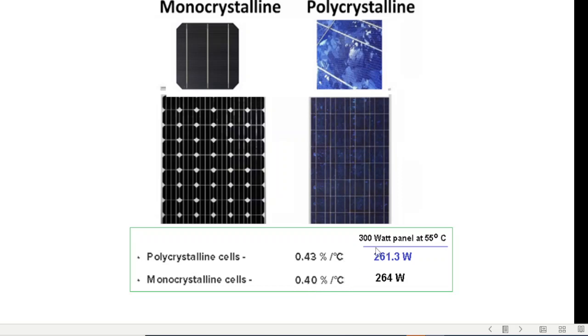So this means that if you have a 300-watt solar panel whose panel temperature is 55 degrees centigrade, then this 300-watt panel will supply 261.3 watts if it is polycrystalline, and if it is monocrystalline, it will supply 264 watts. We will primarily discuss monocrystalline because this is the trend nowadays.